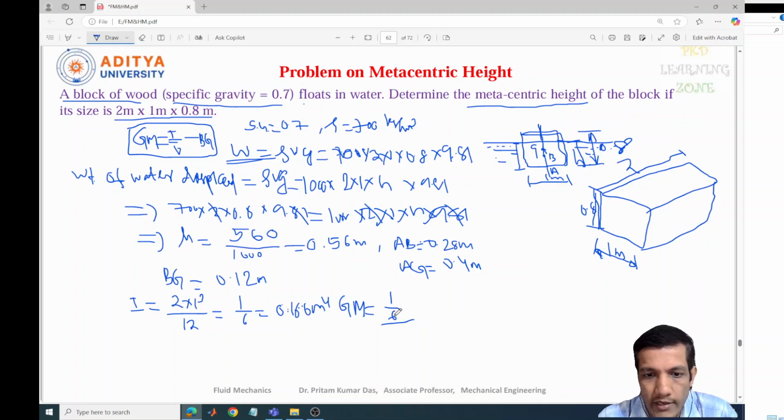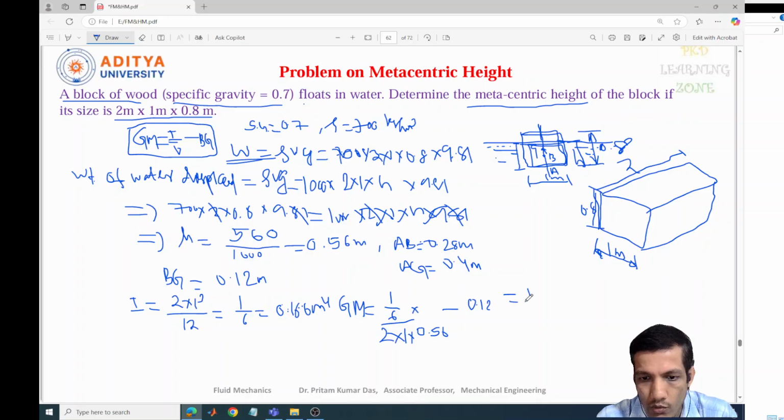Now GM equal to, we can write I by V. I equal to 1 by 6 I got, and V is the volume of that object. So volume is nothing but 2 into 1 into H. H equal to how much? H equal to, we got 0.56. So this is the volume that is inside the water level. That is the height we need to consider, and minus BG. BG equal to how much we got? 0.12.